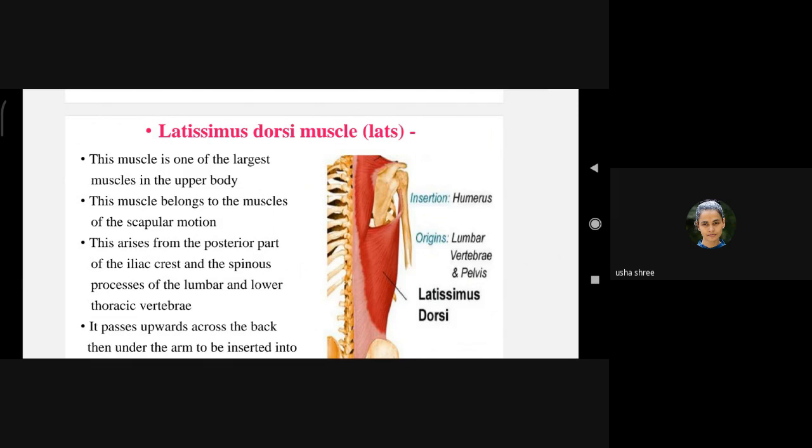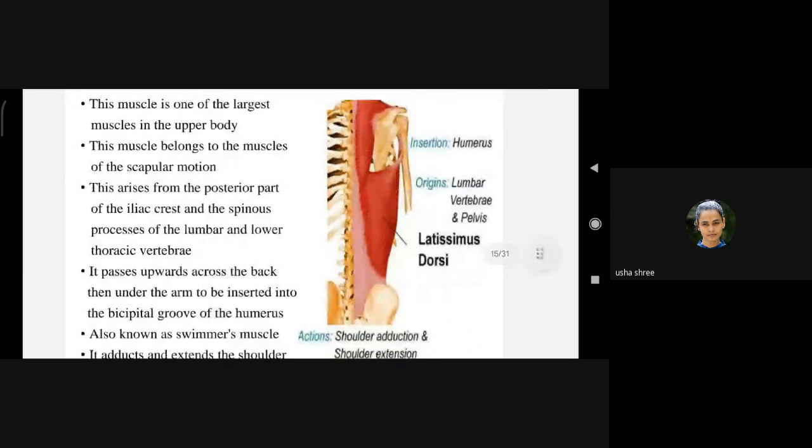This arises from the posterior part of the iliac crest and the spinous process of lumbar and lower thoracic vertebrae. You can see here the origin point of latissimus dorsi. It originates from here.